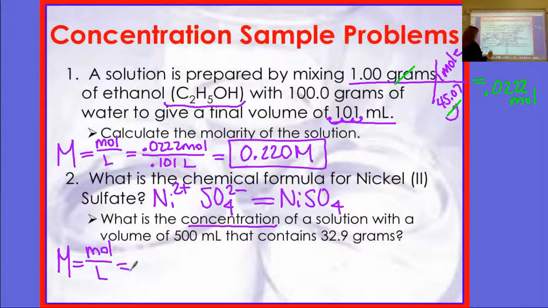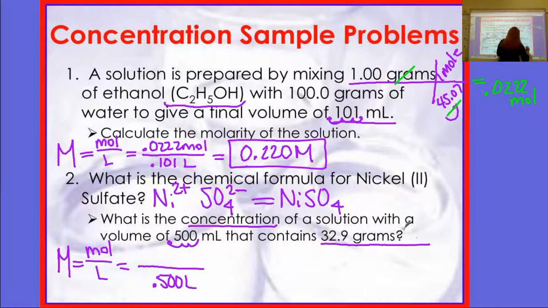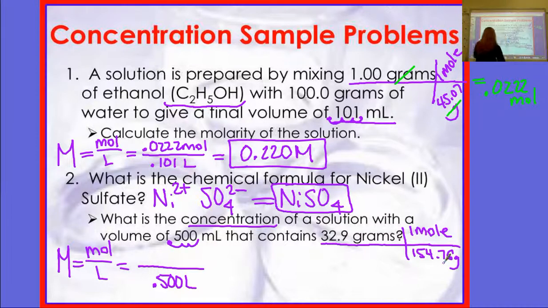Concentration of a solution with a volume of 500 milliliters. Convert that to liters. Move the decimal 3 places or divide by 1,000. 0.5 liters. That contains 32.9 grams. One little snowman calculation, grams to moles. Looking up the mass for this, calculated from the periodic table, I got 154.76 grams.